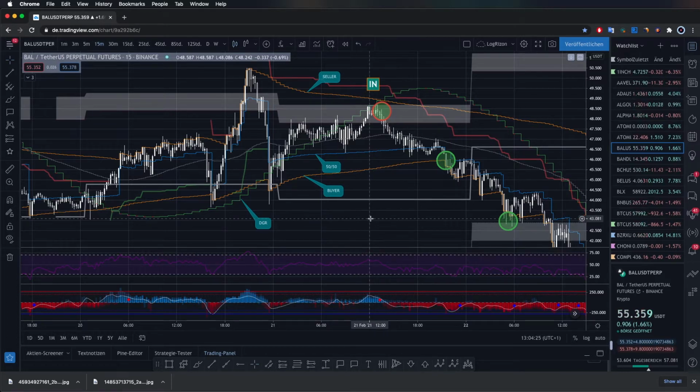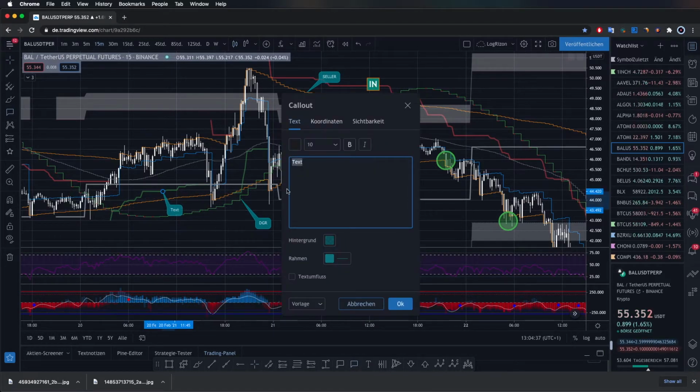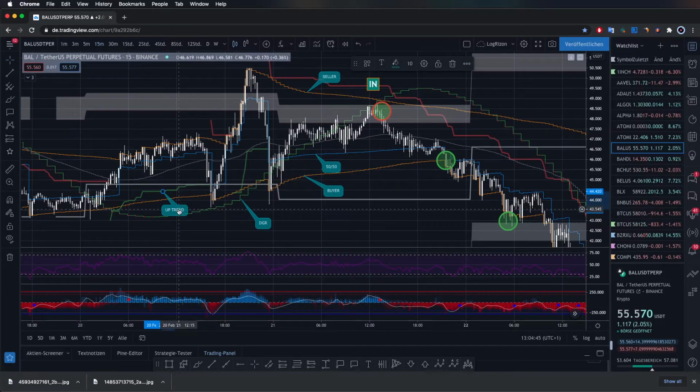And another important line which I want to point out are the green one and the red one. So here is the green one. It's like the uptrend, or let's call it the uptrend.